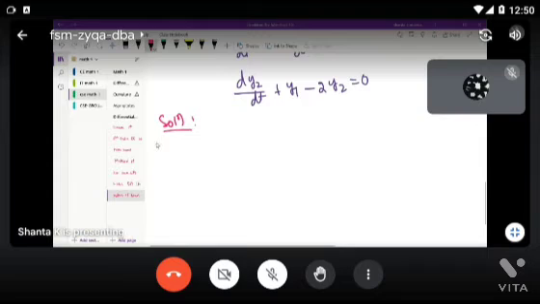So we will try to eliminate one of the dependent variables directly.